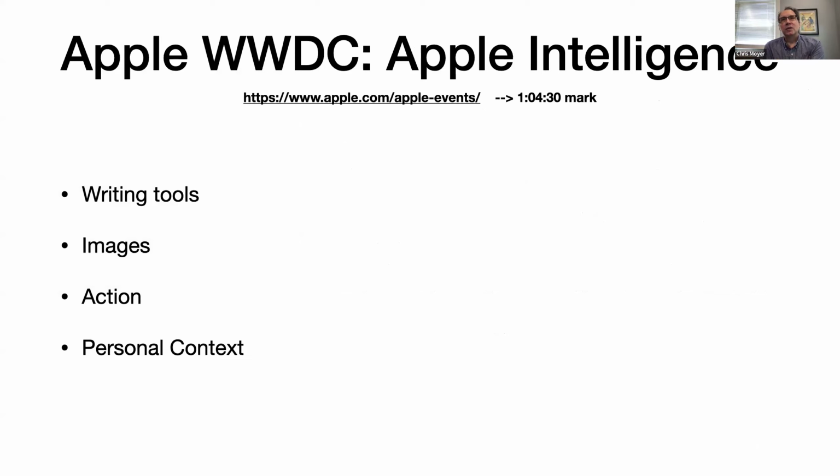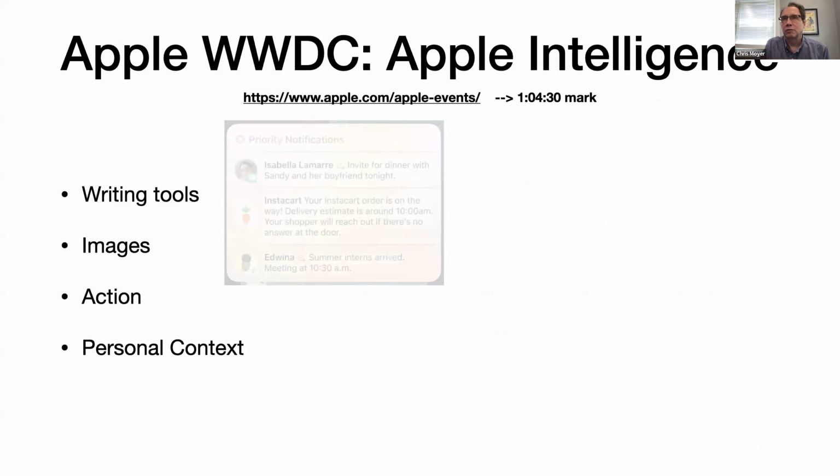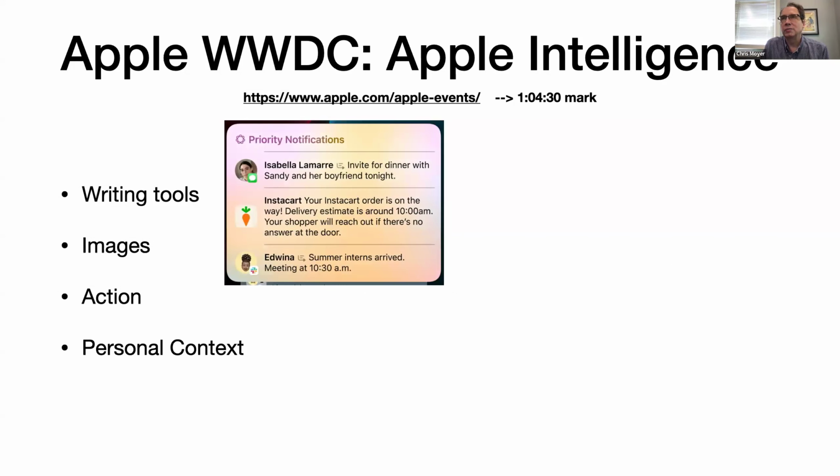And it's interesting, as they were talking about all this stuff, it felt very much like Microsoft's implementation of Copilot for Microsoft 365. And so wherever you have writing tools in the ecosystem, for example, notifications, it's smart enough to figure out which are likely to be the more important ones and sort of rearrange your notification queue, newspaper style, where the most important stuff is at the top and the least important stuff is at the bottom.